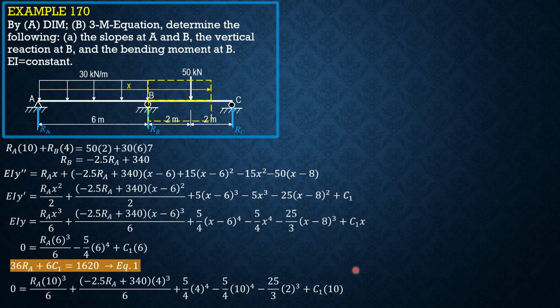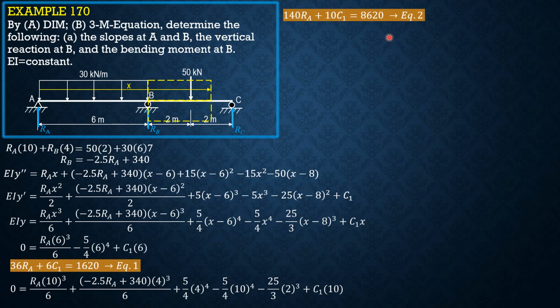So simplifying again to formulate the second equation, we have 140 RA plus 10 C sub 1 equals 8620, where 140 is 10 cubed over 6 minus 2.5 times 4 cubed over 6, so 140. Then for the constants, 8620.